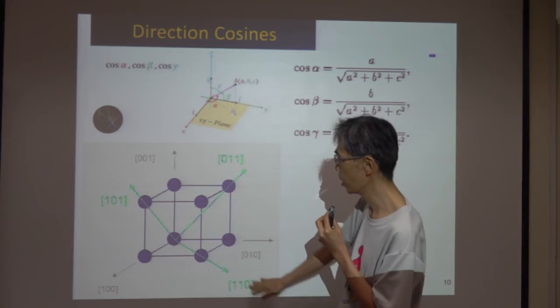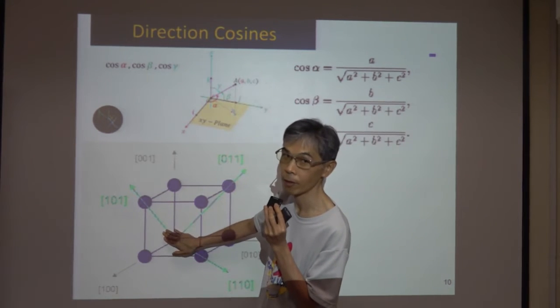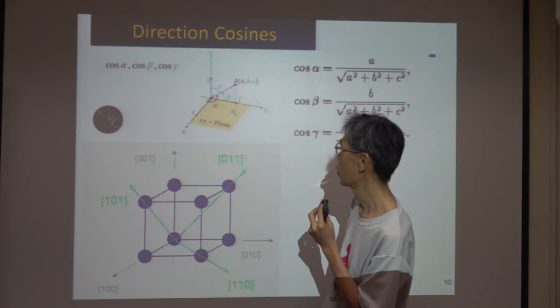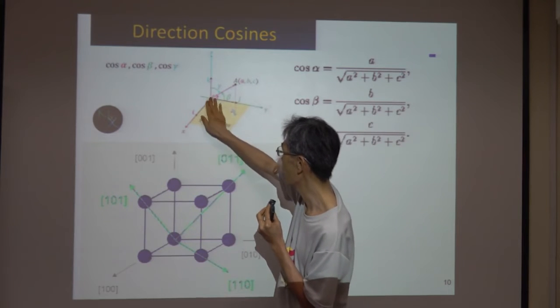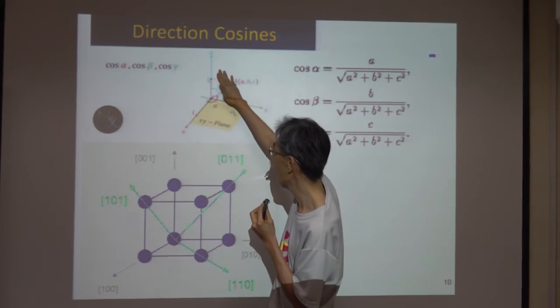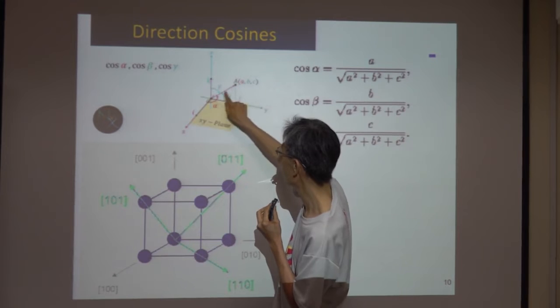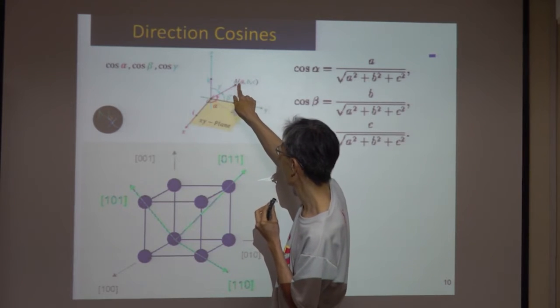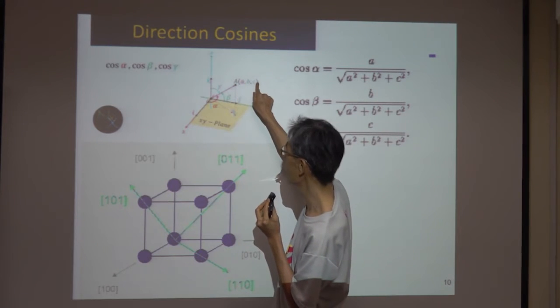So these are direction vectors. And this is the same x, y, z plane. So we have a vector from O to A, with components A, B, C.